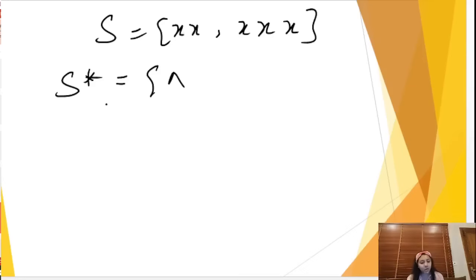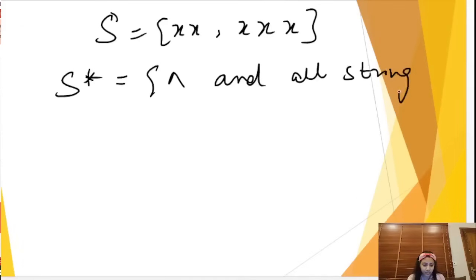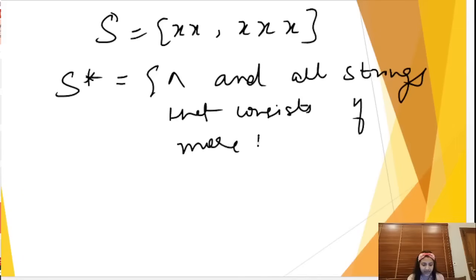Single X will not belong to my S star because it is definitely not belonging to S only. So if a string is not belonging to S only, then naturally it will not come in the S star. So it will contain lambda and all strings that consist of more than one X.